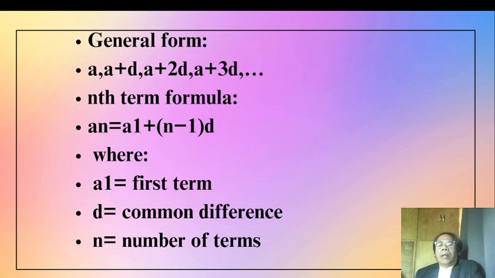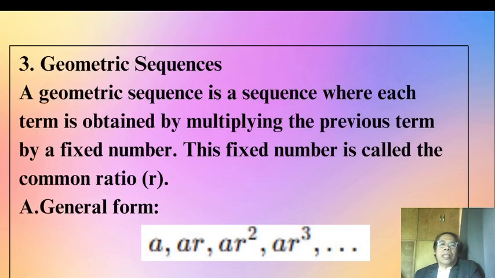General form: a, a plus d, a plus 2d, a plus 3d. And then the nth term formula: a_n equals a_1 plus (n minus 1) times d, where a_1 is the first term, d is the common difference, and n is the number of terms.